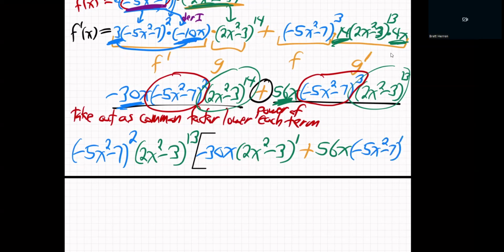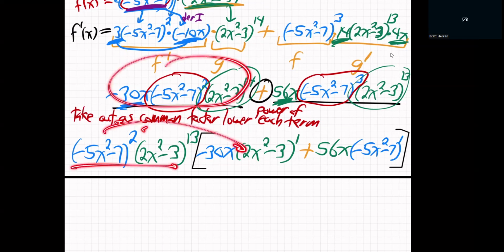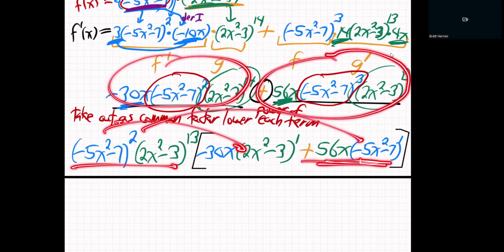Let me close this off with, again, brackets are the same principle, just easier to see. You see that if I took all of this, multiplied there, it would go back to this, and multiplied there, it would go back to this. Do you see that's right? Because I've got the blue term to the second times the first, that adds up to the third. And I get the green term to the 13th. That's what you get right there, 13th. And you get the 56x in the front.